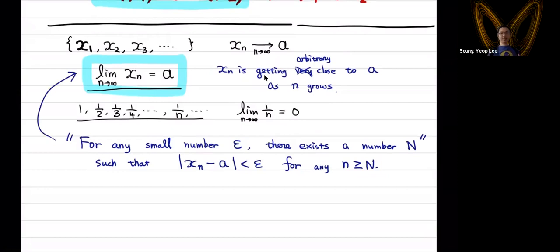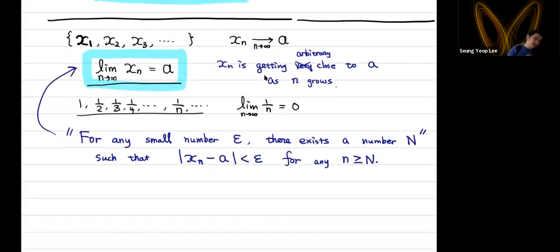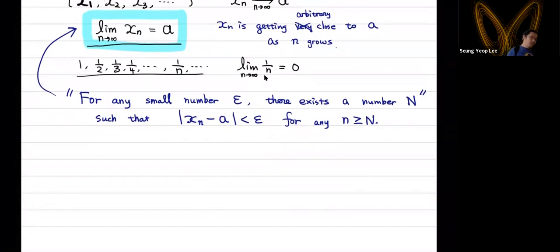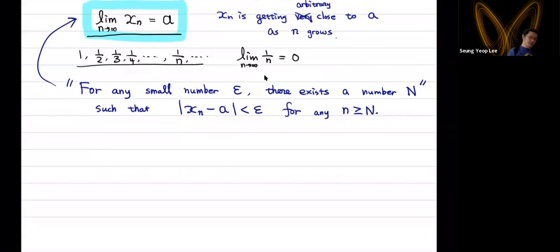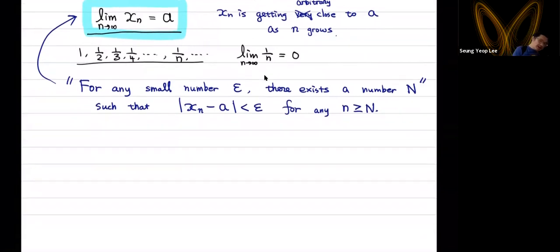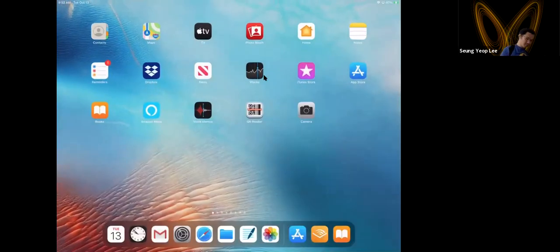Got it? Okay, so now I'm going to define, so this is just the calculus preparation, but I want to now define a series of random variables. So let's say there are a series of random variables.